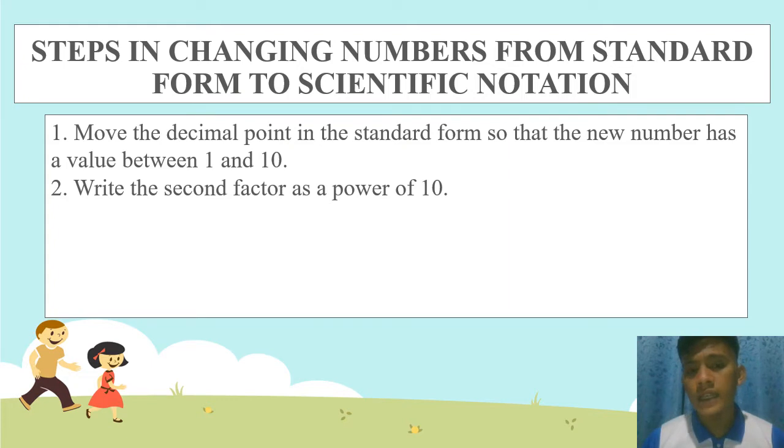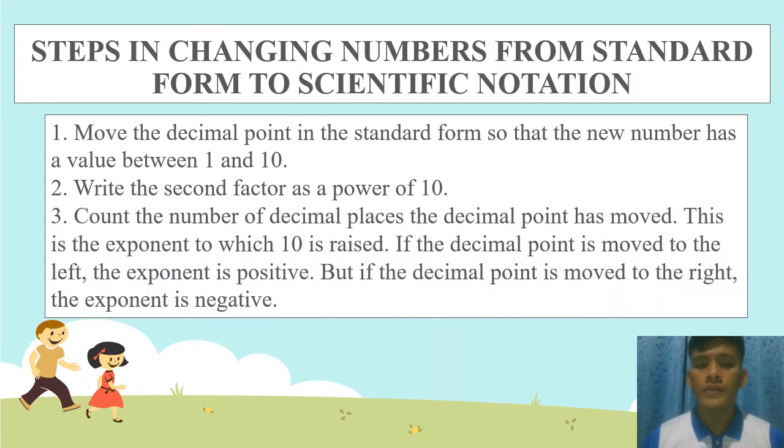We will use 10 as our factor. Step 3. Count the number of decimal places the decimal point has moved. Again, the decimal point will move either to the right side or to the left side. This is the exponent to which 10 is raised.